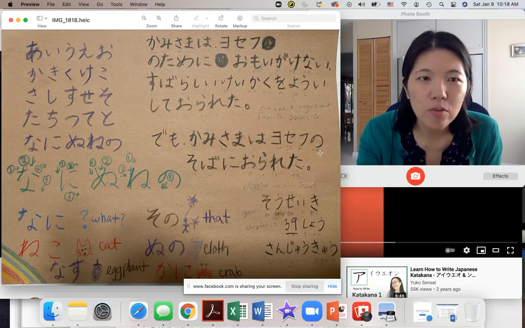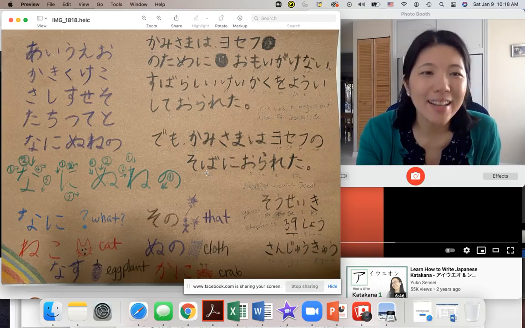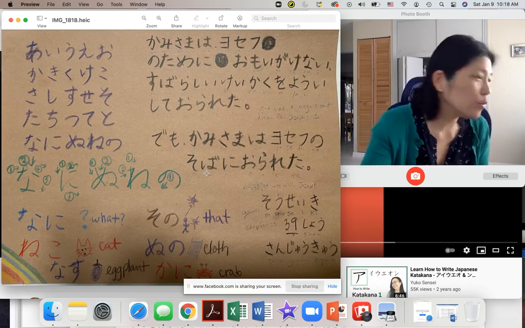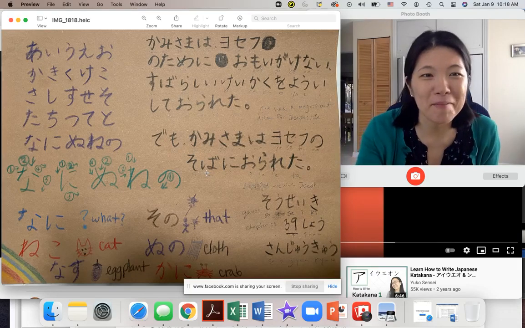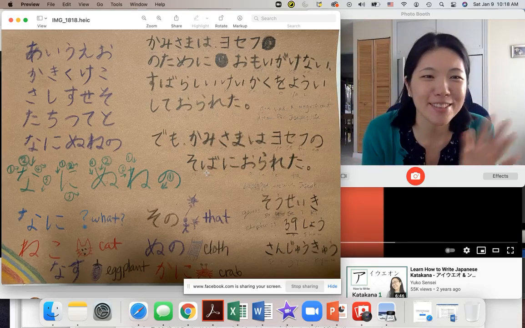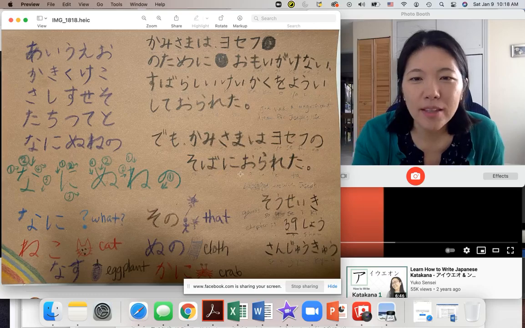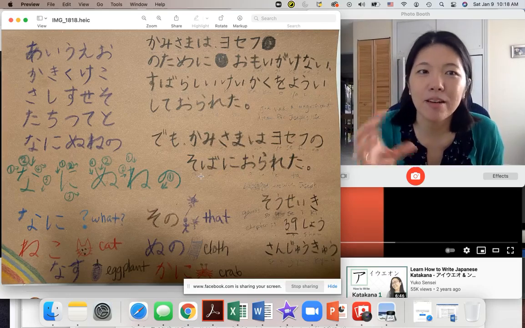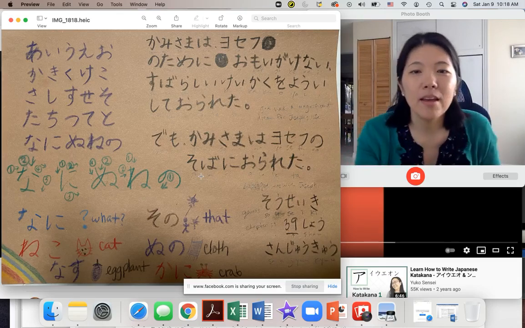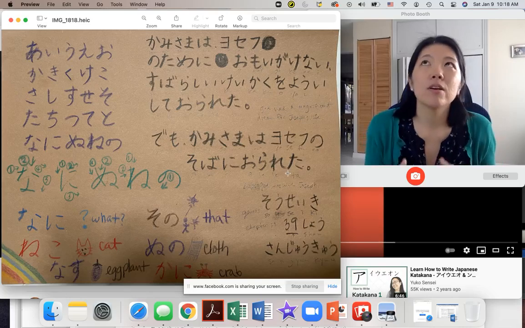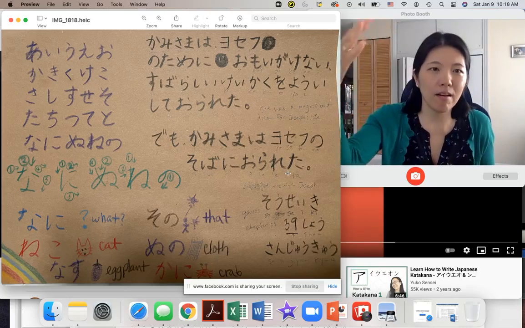Yosefu no soba ni orareta. He repeats a lot in any language, English, Spanish, Japanese. Soba ni orareta. Soba is close by, and orareru is to be, but making God higher.